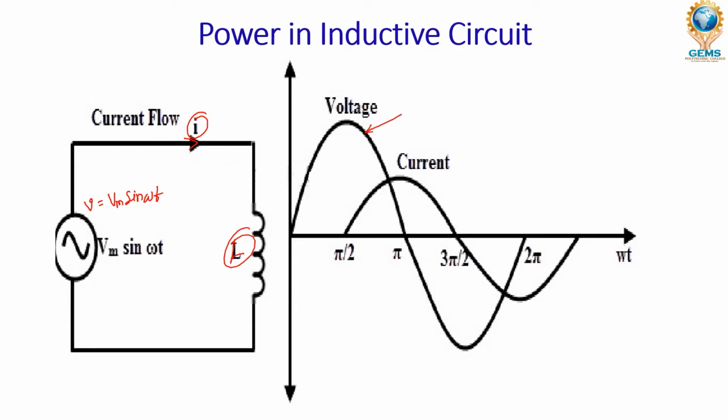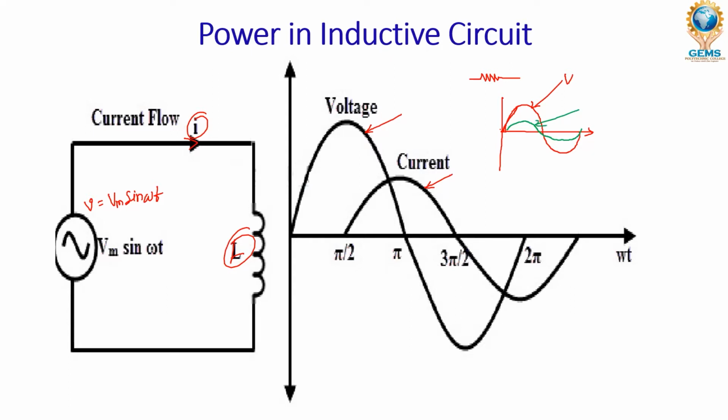This is voltage waveform and this is current waveform. If you remember, in case of resistive network or resistive circuit, the waveform is like this. This is the voltage, and this is the current.